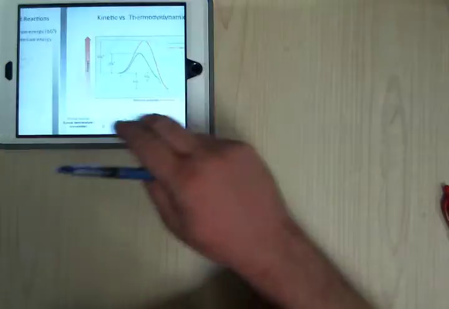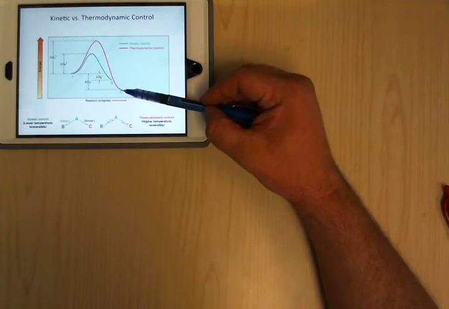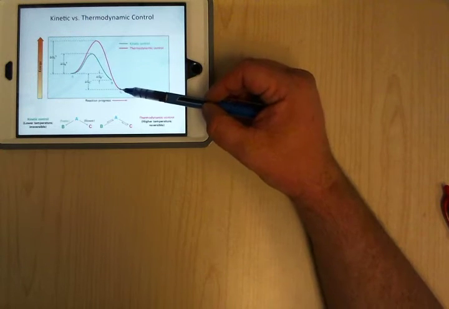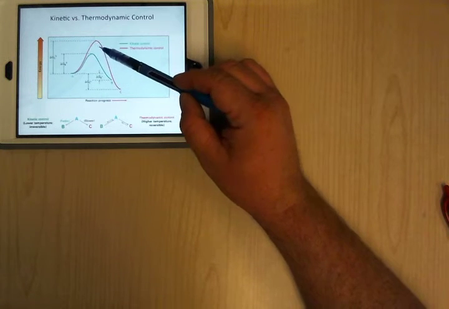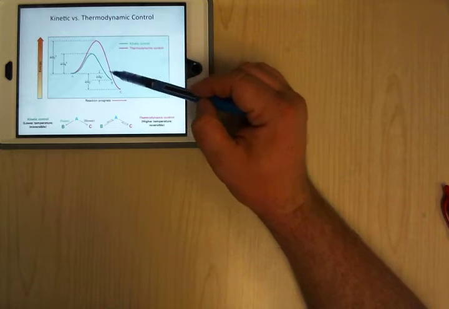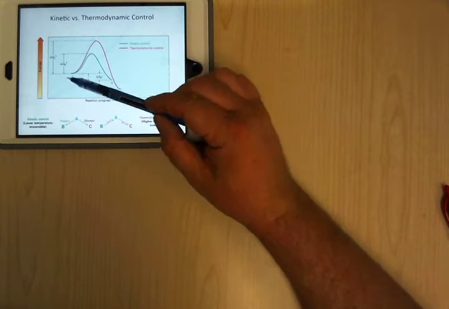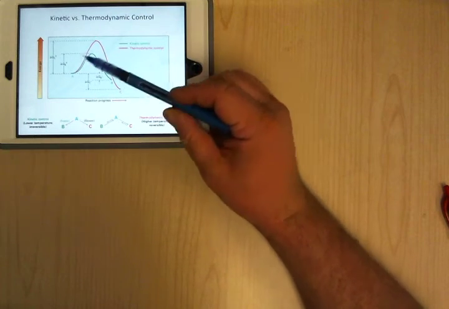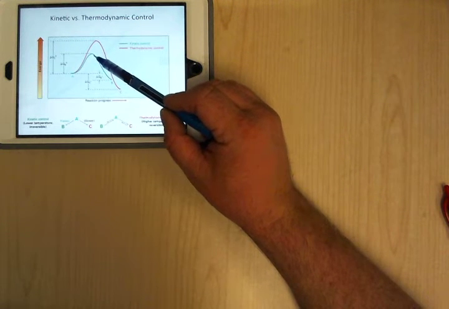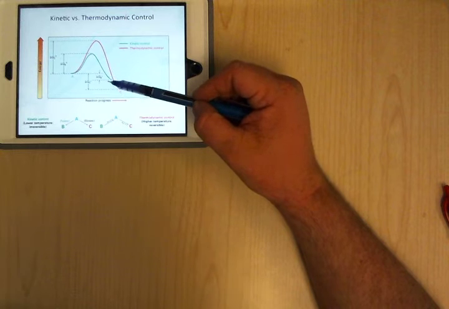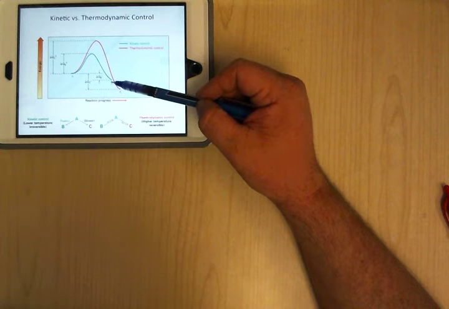So what you really want to do is get as low as possible. And so this would be thermodynamically being at C here at the lowest energy possible. That's the best thing. But the problem is, if you have too high a hill to climb, you may not be able to get to C. And so what you can do is go to this alternate route where it's a lower hill, but it's also not quite as low energy.